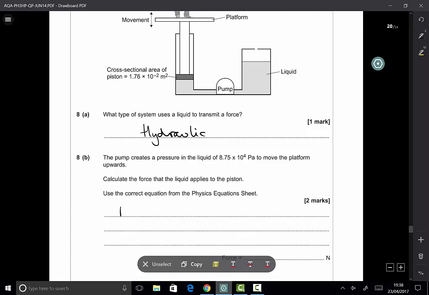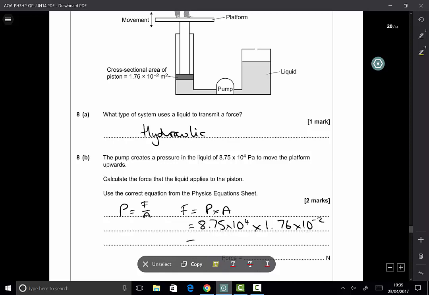So, the equation tells us that pressure is force over area. So we're after force. So force is pressure times area, which is 8.75 times 10 to the 4 times 1.76 times 10 to the minus 2.